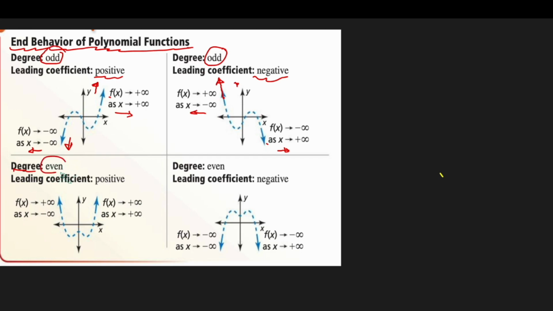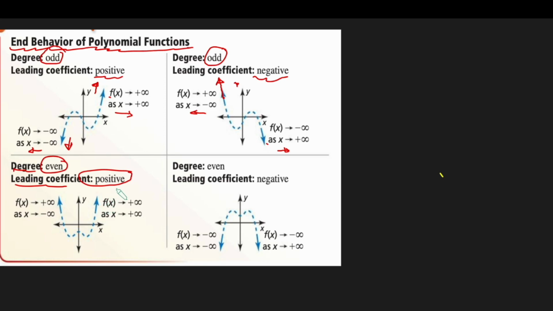Okay, so now let's look at the even functions when the degree is even and the leading coefficient is positive. In this case, the ends are facing up on both sides. If we look at the x, we see that it is going to the right.